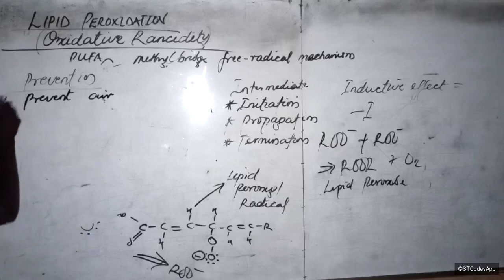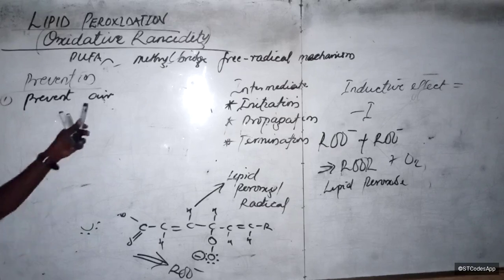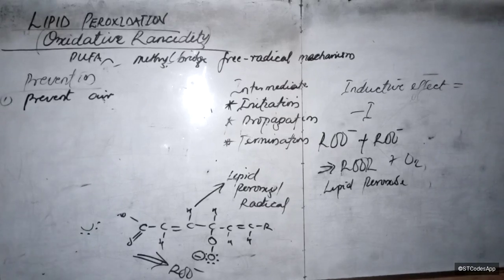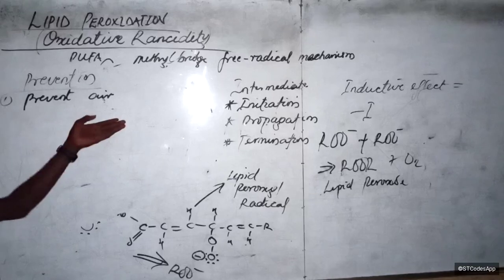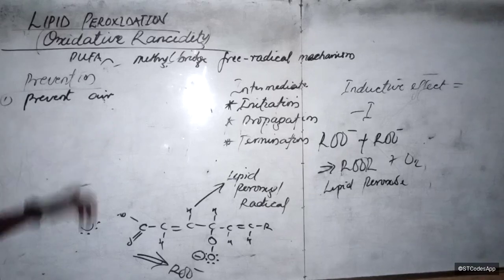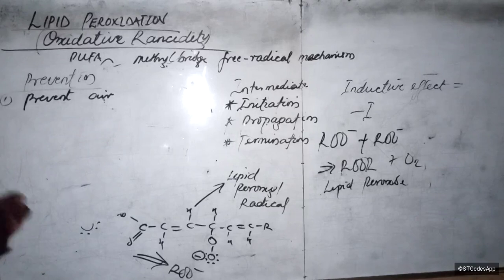You make sure that you either keep your fish in a cool, dry place in the absence of air, or you put it in the refrigerator or in the freezer for freezing, or you smoke. When you smoke or you put it in a dry environment, it helps to prevent the oxidation of the fish. Is that okay?